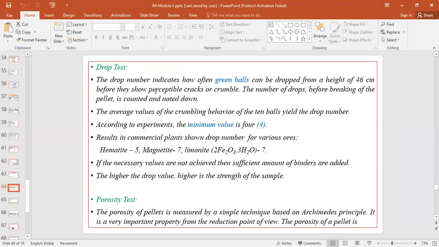So here it is a very simple test. Whatever green pellets are obtained from the disc pelletizer, these green pellets have to be dropped from a height of around 46 centimeters on a 10 mm thick plate.